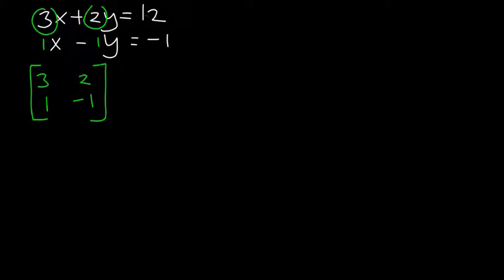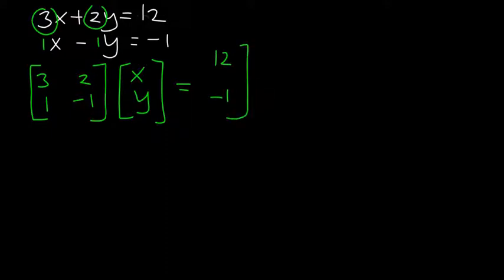Then we're going to multiply by the variables x and y, and this should give us 12 and -1. So we have just represented this equation in matrix form.